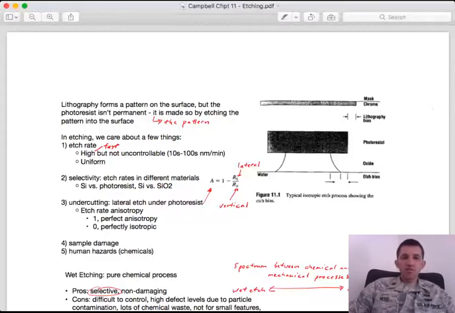And so we have this value here for the anisotropy of the etch. So this is A equals 1 minus the ratio of the etch rates in the lateral and the vertical direction, right? So if there's no difference, then this ratio is 1 and this A value is 0.